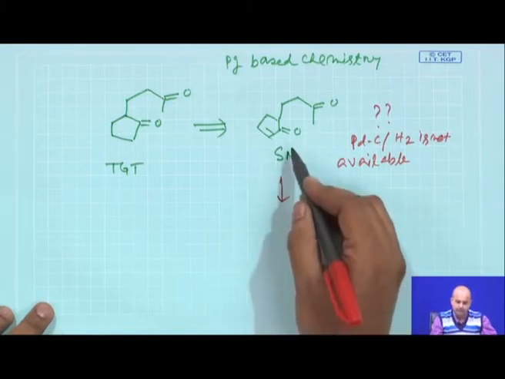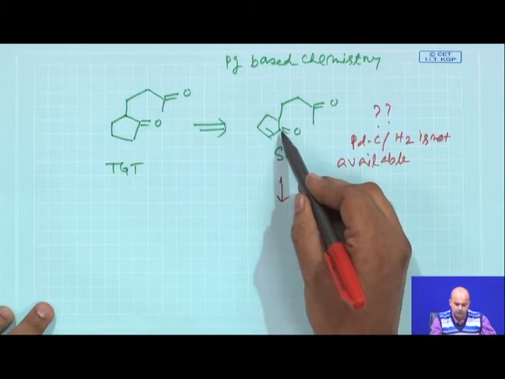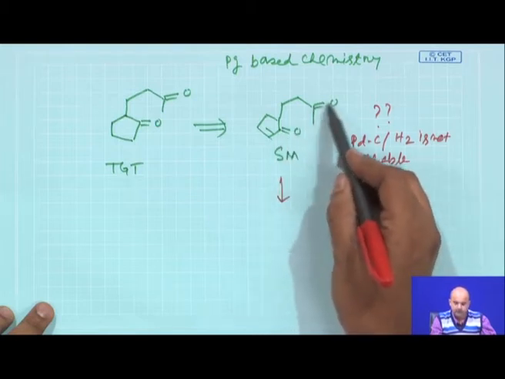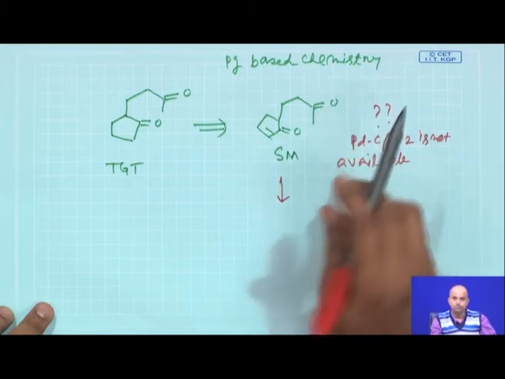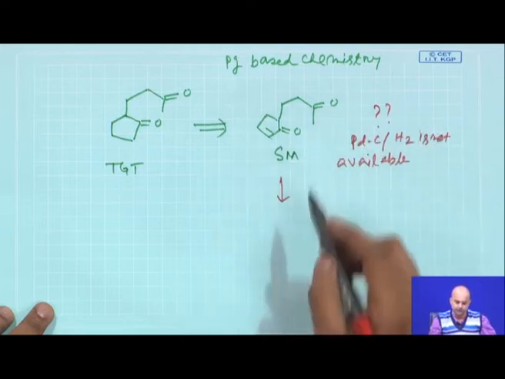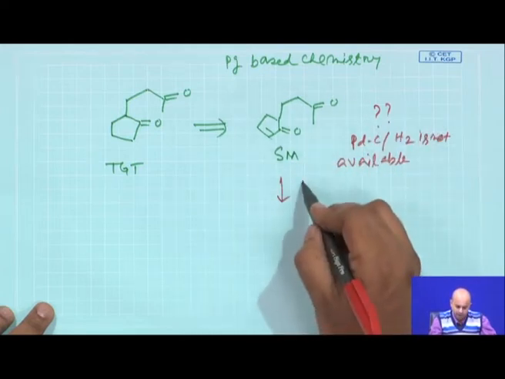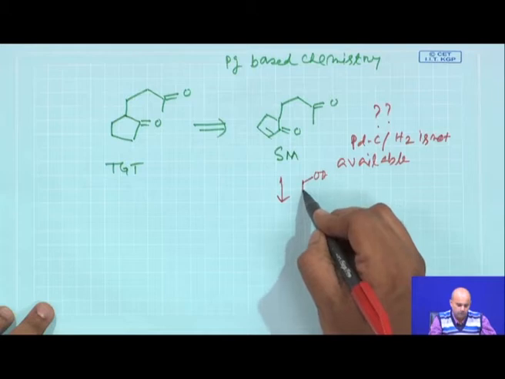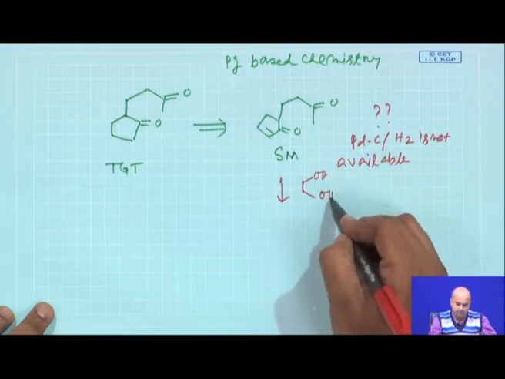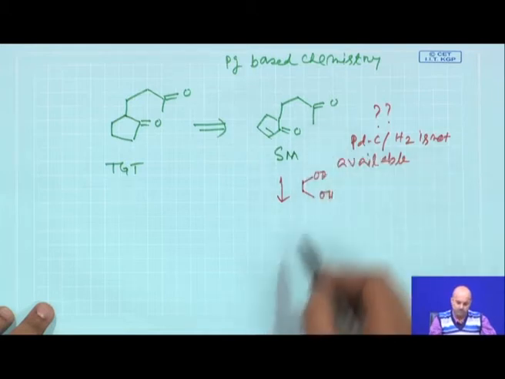The starting material has an alpha beta unsaturated ketone as well as a saturated ketone, so their reactivity basically differs. What I first try to do is protect the saturated ketone with some reagent like this.